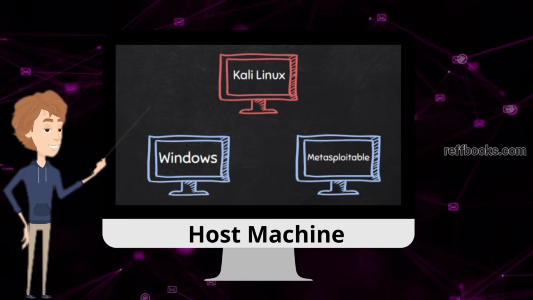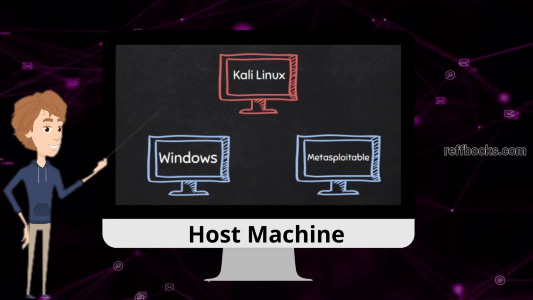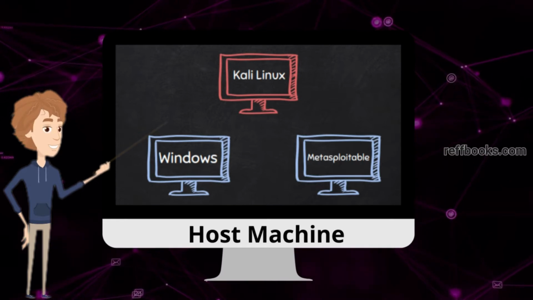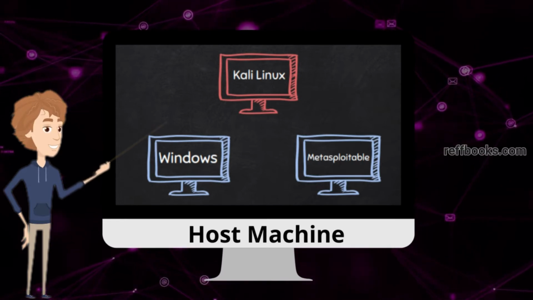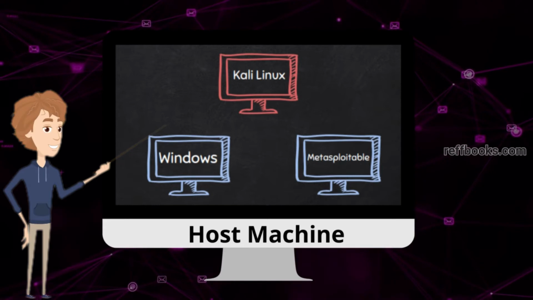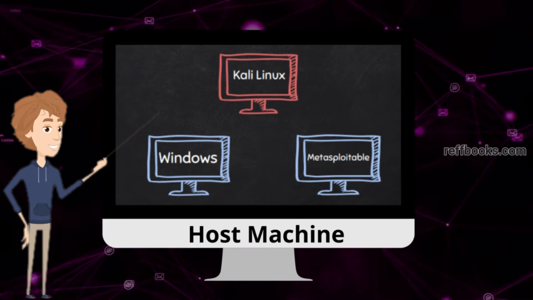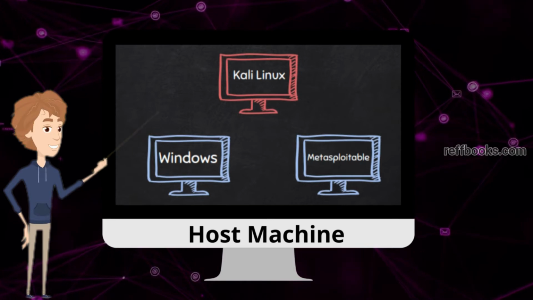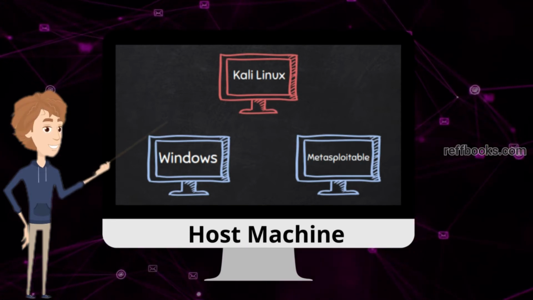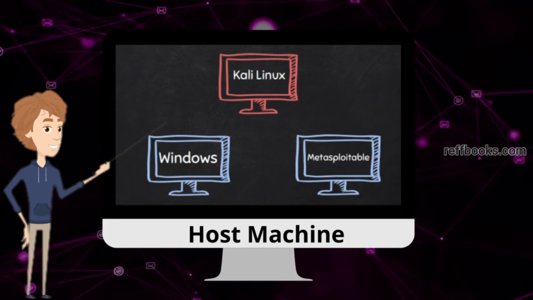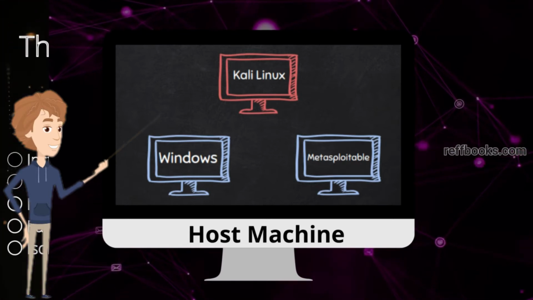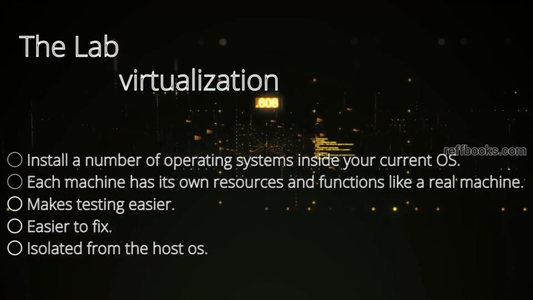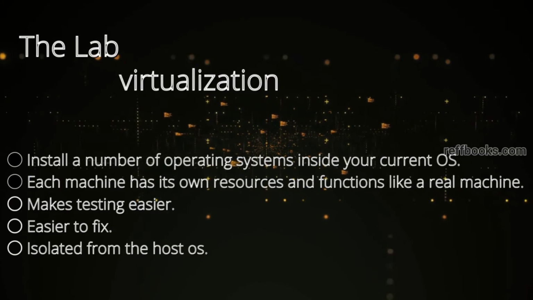We're going to install Kali Linux on it, and we'll talk about what that is later on. And we're going to have 2 target machines. These are machines that we're going to try to hack into and practice hacking against. One of them is going to be running Windows, and the other one is going to be running an operating system called Metasploitable, and we will talk about that once we get to it.